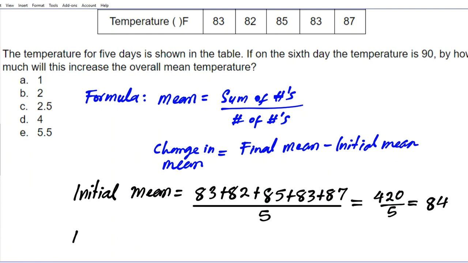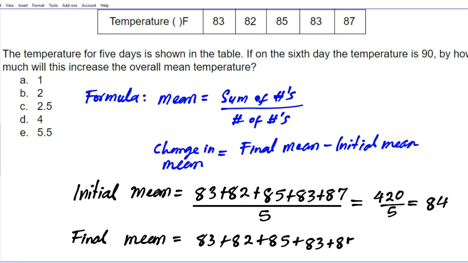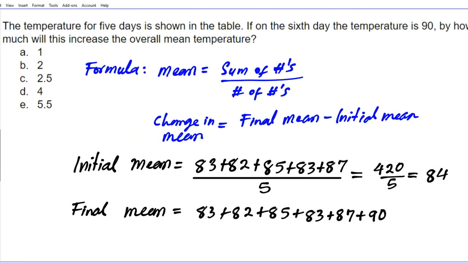The final mean is going to be 83 plus 82 plus 85 plus 83 plus 87. And then you add the last one, which is 90. And then you divide the entire thing by the number of numbers.